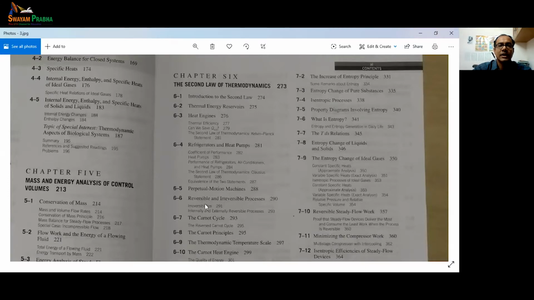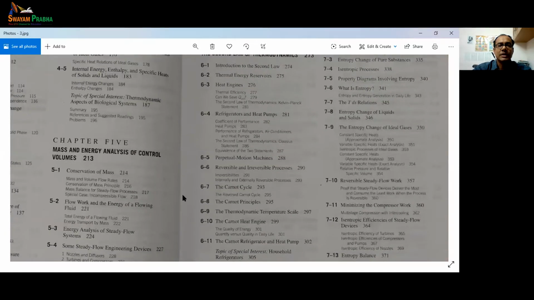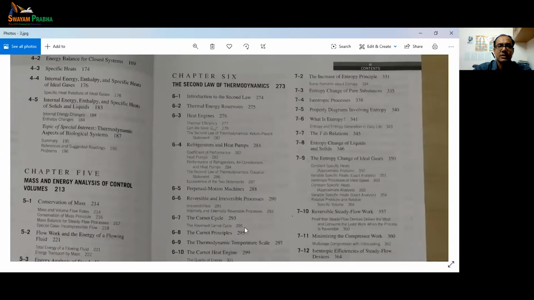There also we will take up 2 problems, which we will finish in the next tutorial. This chapter 6 is an important chapter. So this tutorial will comprise 2 problems from chapter 5 and 2 problems from chapter 6.